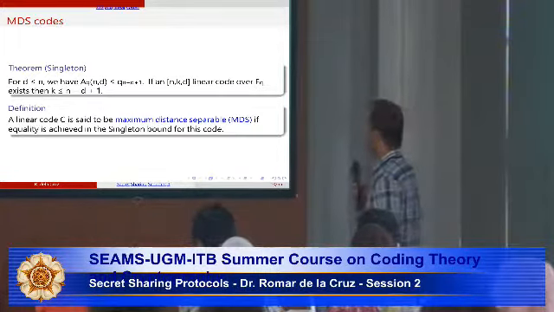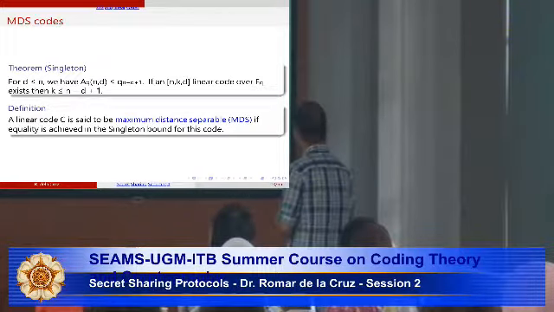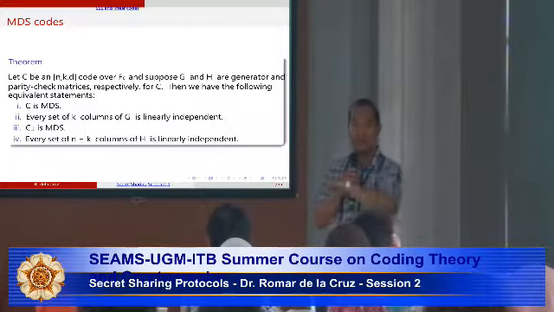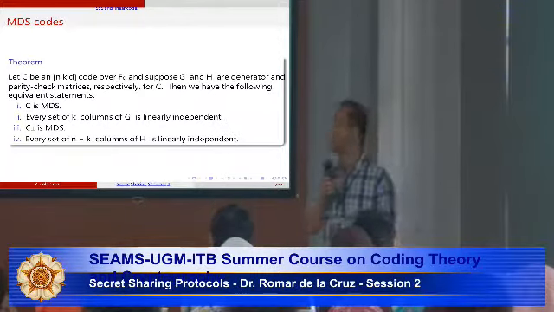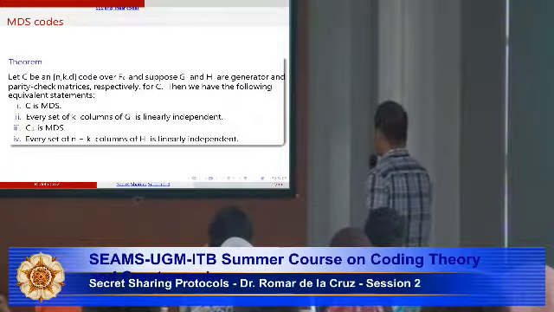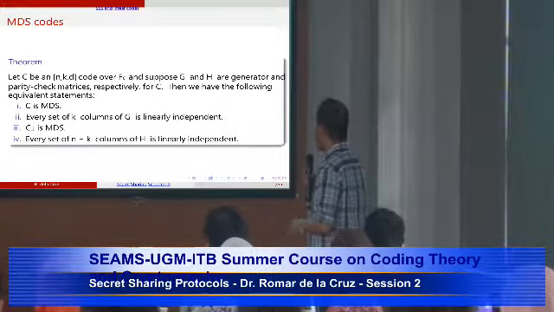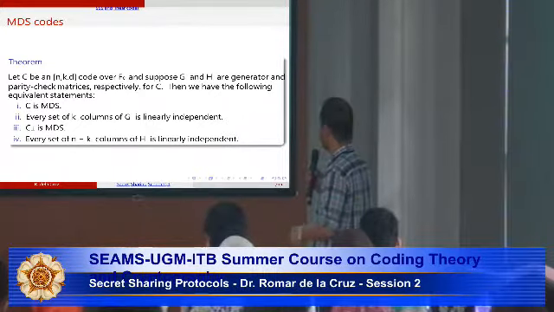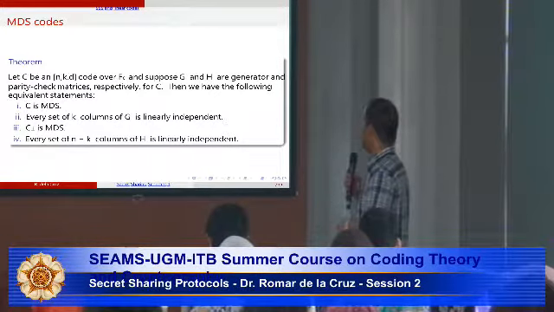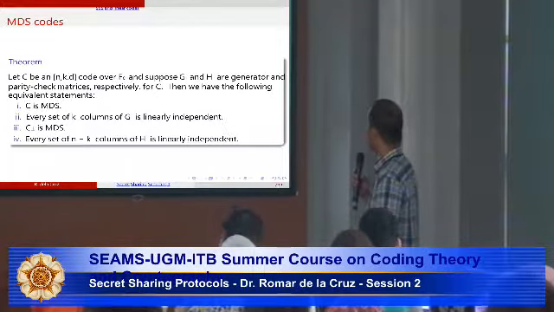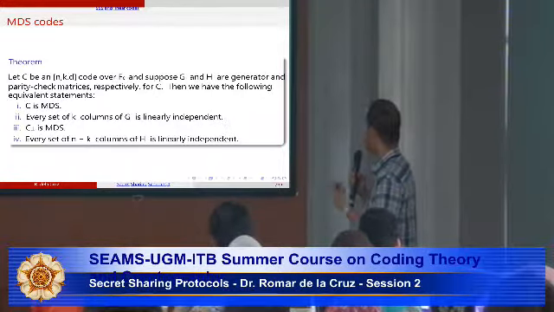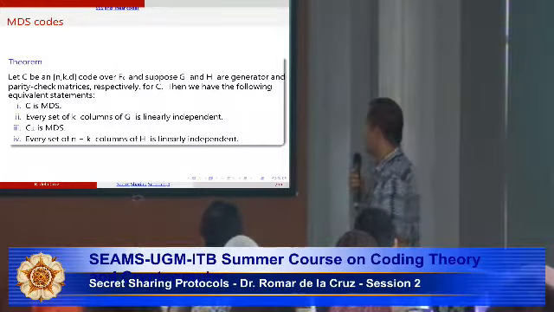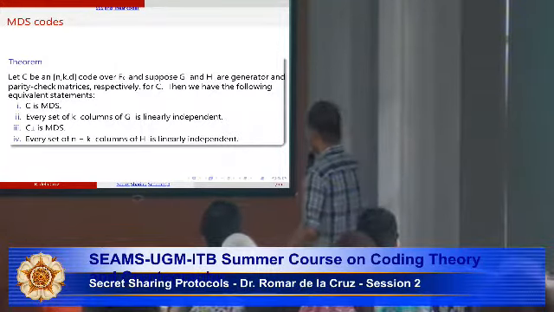An example of an MDS code is the Reed-Solomon code that I gave earlier. It's an MDS code. Now, some of the properties of MDS codes. The following statements are equivalent. C is an [n, k, d] code over F_q, and G is a generator matrix, H is a parity check matrix for C. The following statements are equivalent.